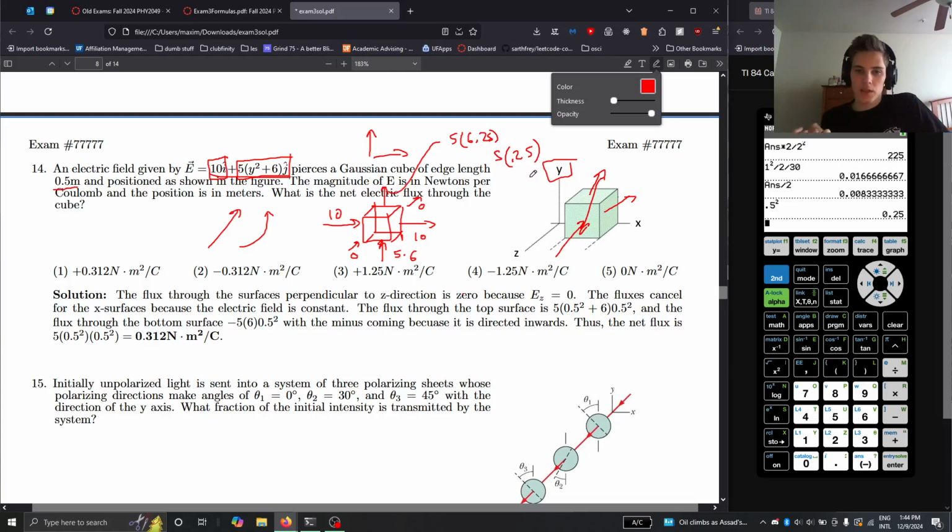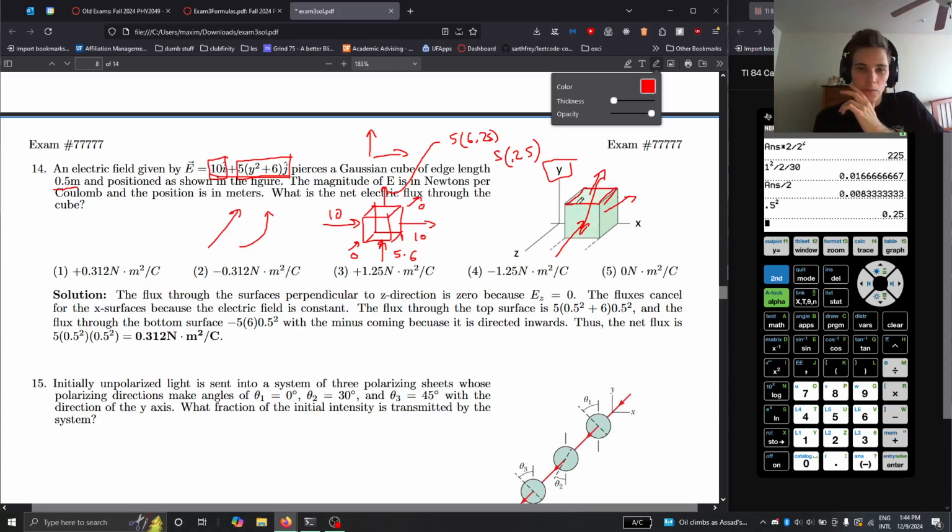Now, that's the difference in the electric field. But another thing you have to realize is that we want to calculate this based on the size of the cube. The larger the face is, the more this matters, right? The greater the amount of flux is as it comes out of that top face.